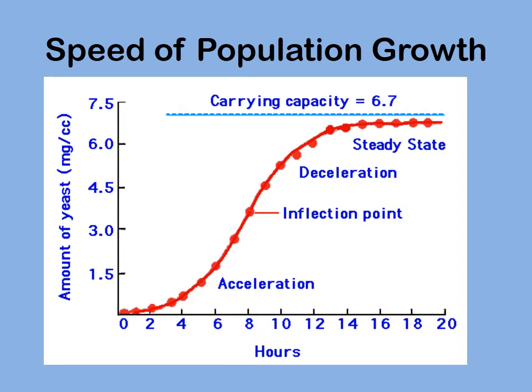With this graph, a small amount of yeast was inoculated onto petri dishes, and the amount of yeast in milligrams per cubic centimeter was measured every hour or so, and this was measured for 20 hours.